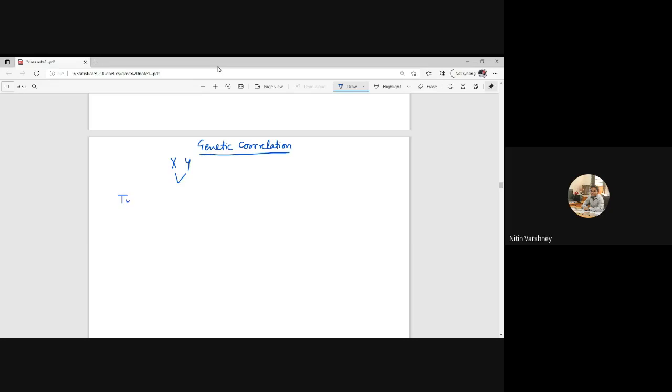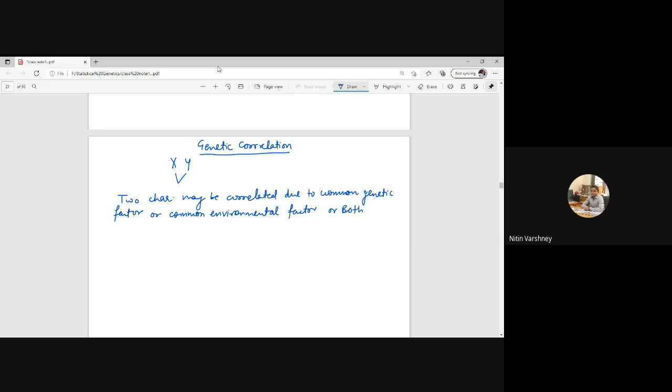If I write, two characters may be correlated due to common genetic or genotypic factors, or common environmental factors, or both.